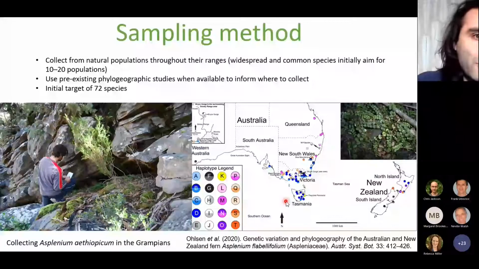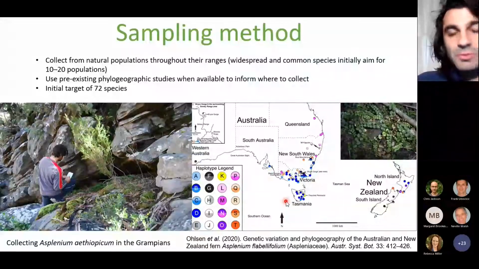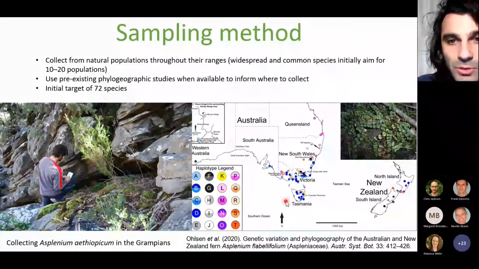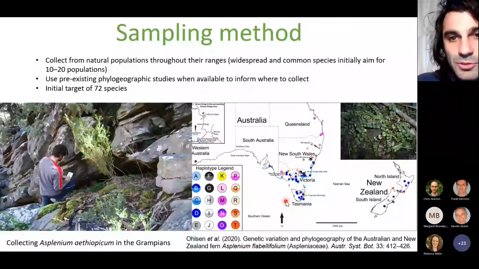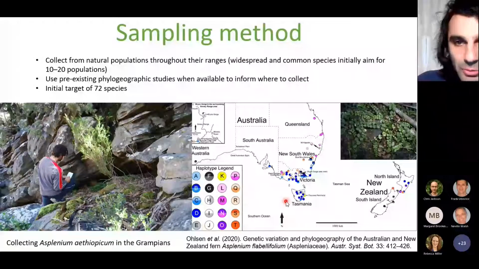I also use some pre-existing ideas of how genetic diversity is distributed geographically in some species. Some of my previous research looked at sampling some species across their ranges to see how that genetic variation is distributed. A good example of that is Asplenium flabellifolium.